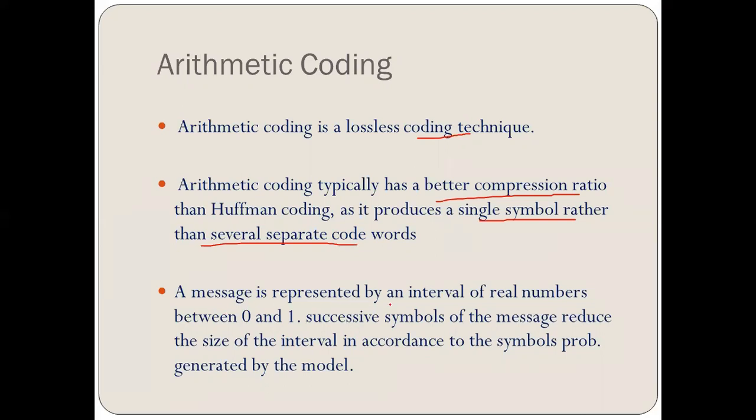A message is represented by an interval of real numbers between 0 and 1, which I have told you and you have already seen in the earlier example. Successive symbols of the message reduce the size of the interval in accordance with the symbol's probability generated by the model. So this is what we have in arithmetic coding versus Huffman coding. I hope you must have understood.